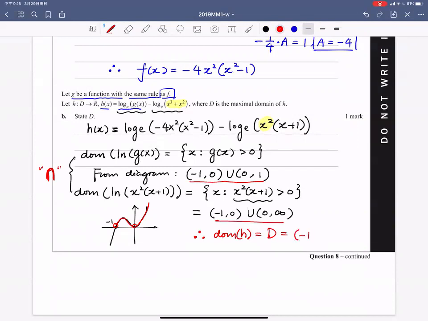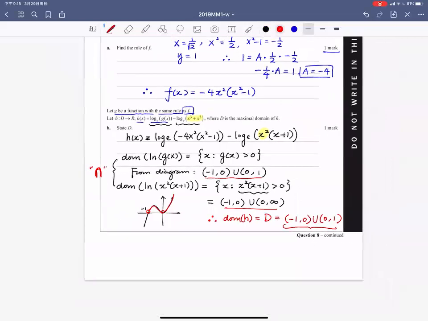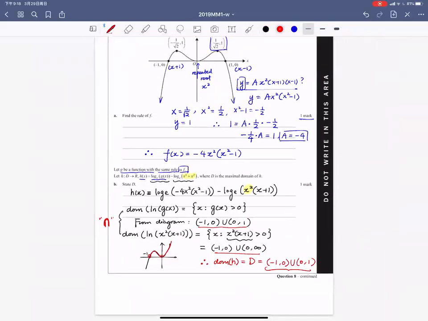So taking the smaller one, we have -1 to 0, union 0 to 1. Okay. That is my effective domain. Quite a bit of calculation, but just be very careful with your diagrams and calculations, okay? Step by step.